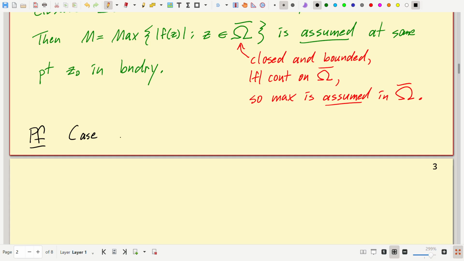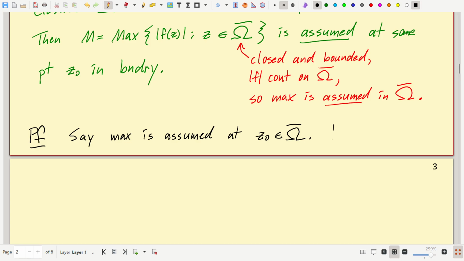So the max is assumed. Say the max is assumed at point z naught, some point in omega closure.